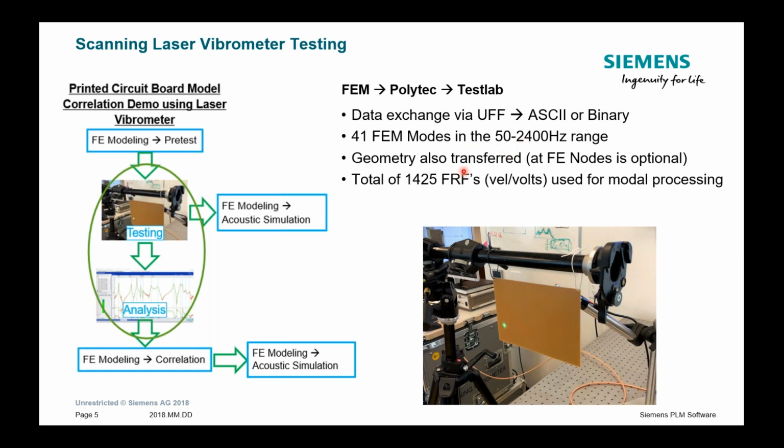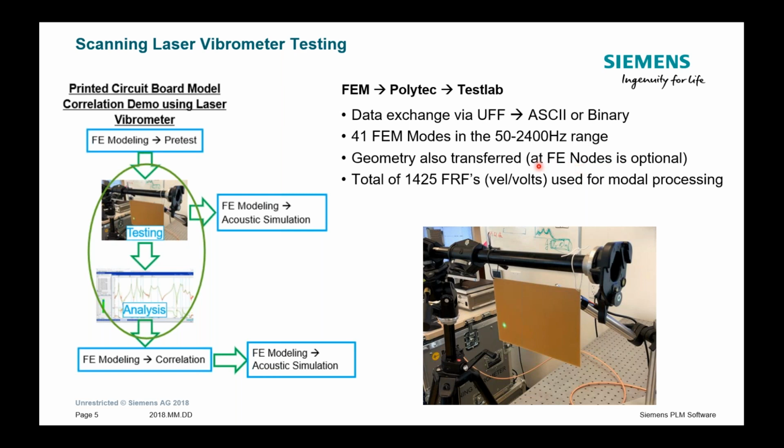But we could also transfer the geometry. So you don't have to do it at the FE nodes, but that is an option, which is a nice option too. You can just let the Polytec scanner scan in a certain area with a certain density of nodal information.